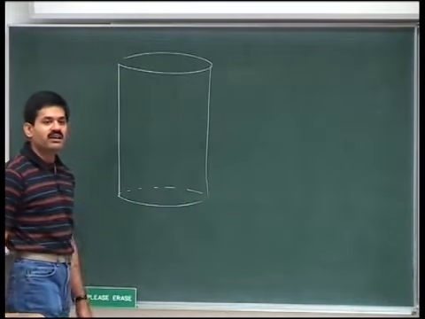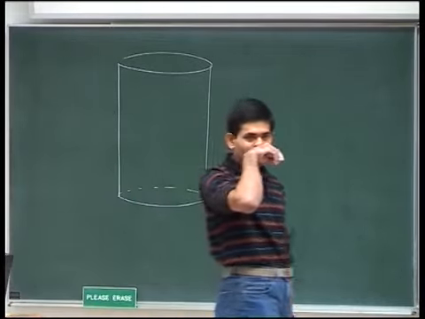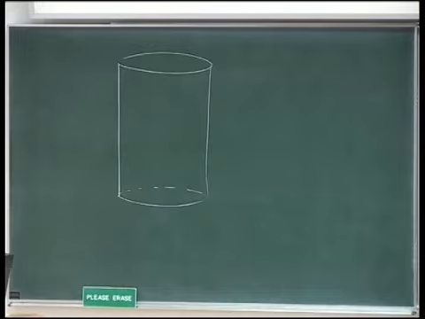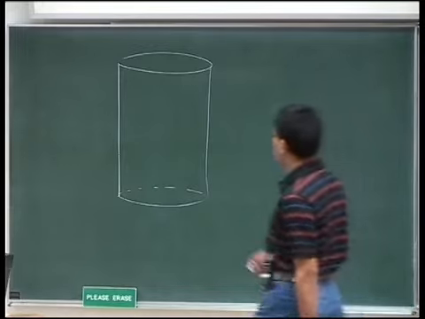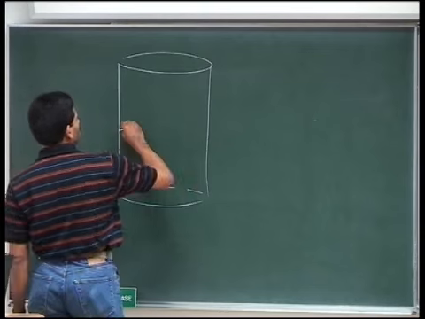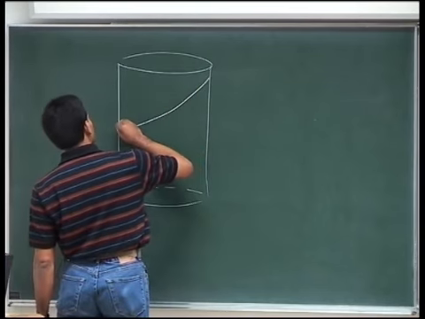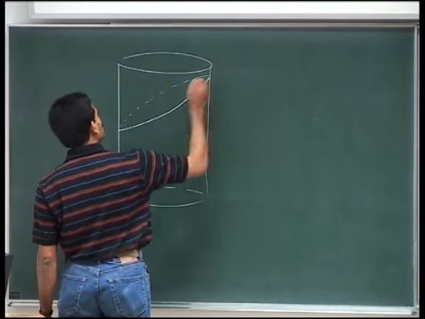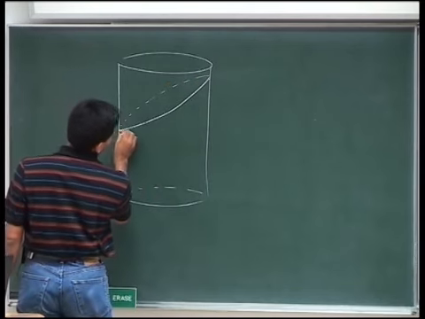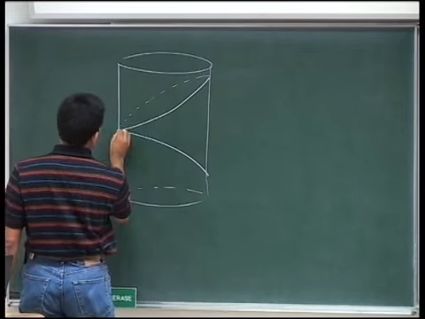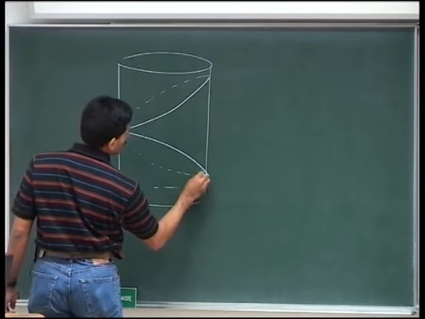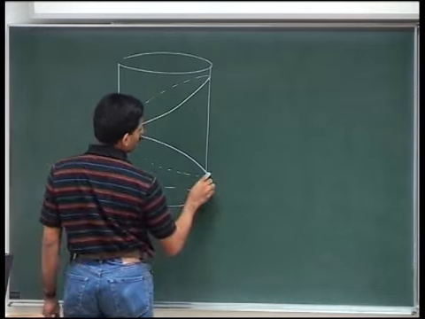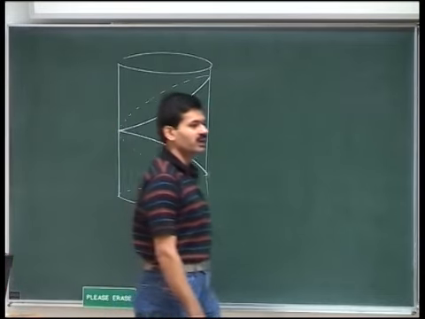So, imagine taking the cylinder of anti-de Sitter space, this infinite cylinder that I had up there, and wrapping a handkerchief around it. Okay.